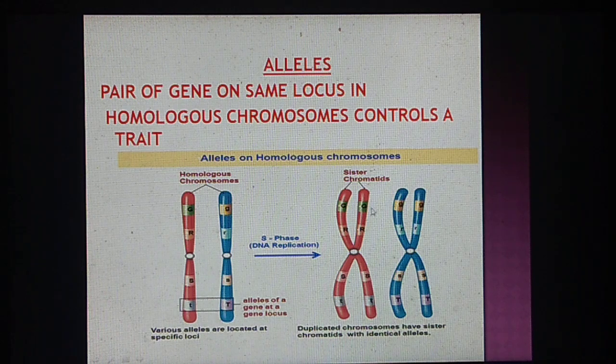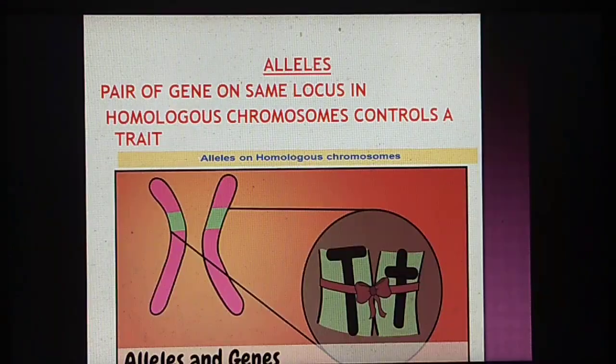So we usually denote it with letters in order to denote that particular characteristic. For example, in these particular homologous chromosomes meant for height in humans, we can say in one allele there is one code, capital T, whereas on the other allele there is small t.